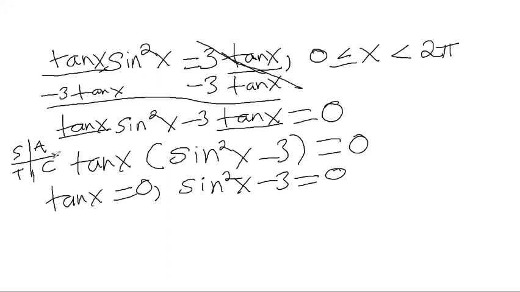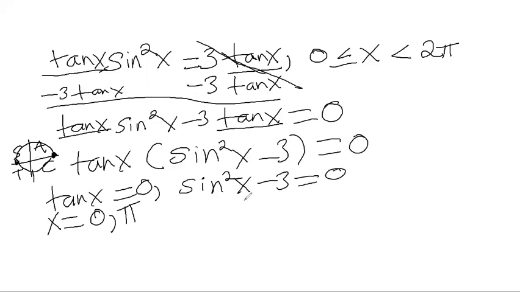Remember, tangent is another way to look at it: sine x over cosine x. So where does sine equal 0? Here and here. So we know that tangent of 0 is 0, and tangent of pi is 0, right? So 0 and pi. There's nothing else because x is less than 2 pi. Bam. It's only two solutions.